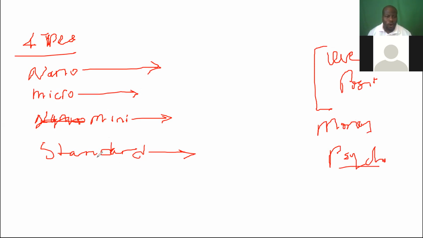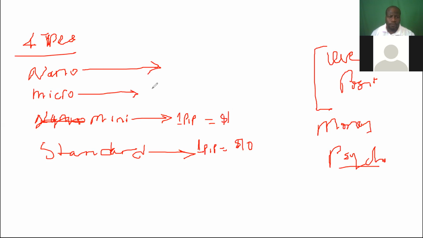So if you are operating a standard account size, on most of the major currency pairs, one pip will be equal to $10. Then on mini accounts, one pip will be equal to $1.